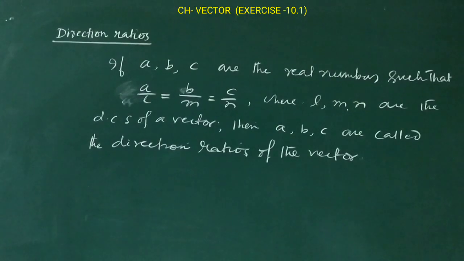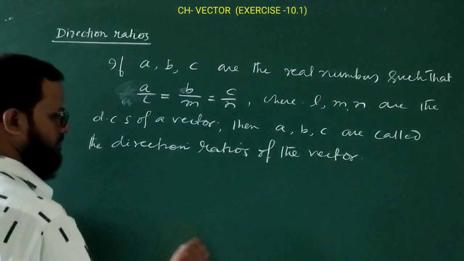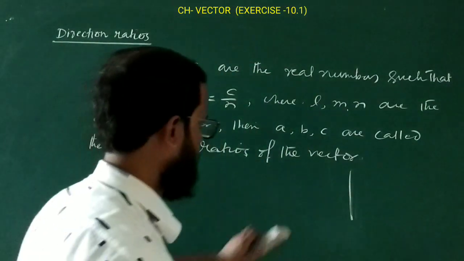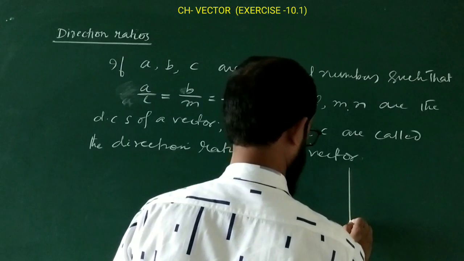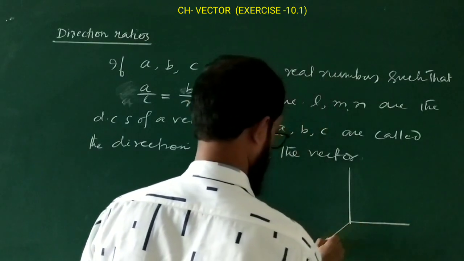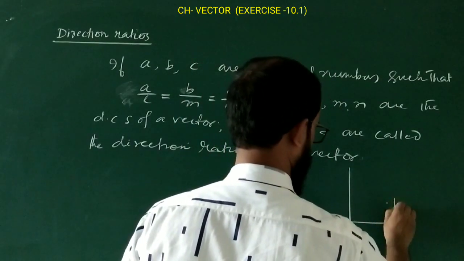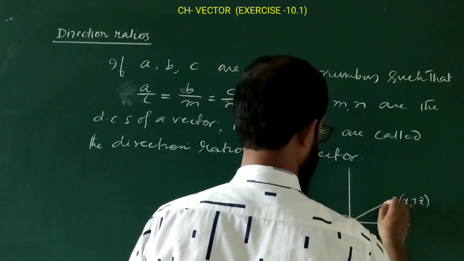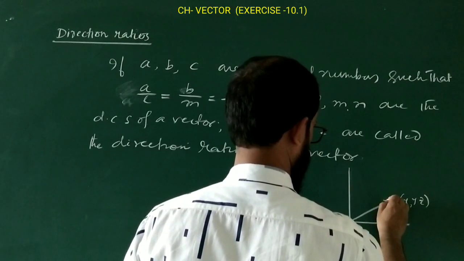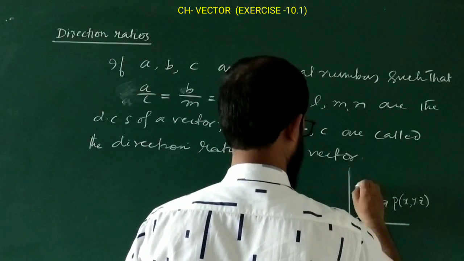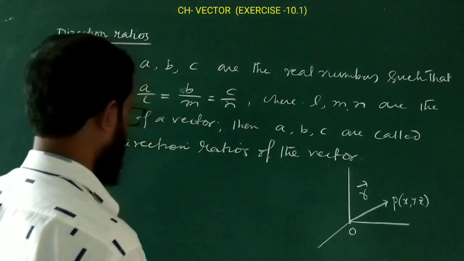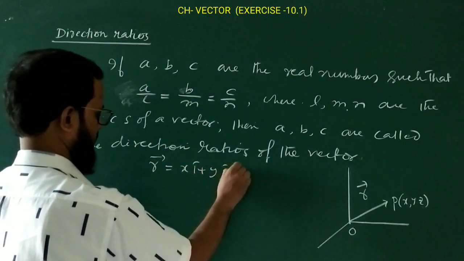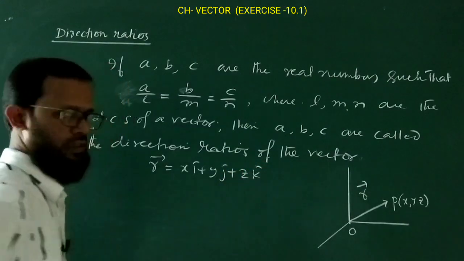Now, we get a relation like this. Suppose P is a point with coordinates x, y, z, and suppose OP is a vector, called r vector. Then we know that r vector equals x i cap plus y j cap plus z k cap.